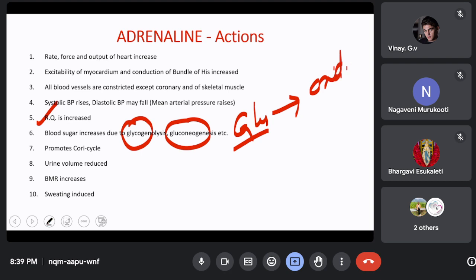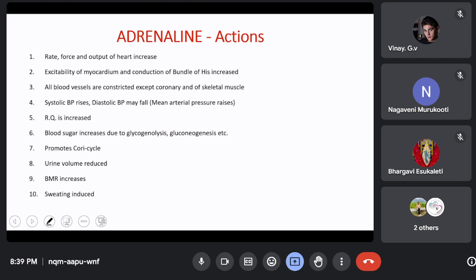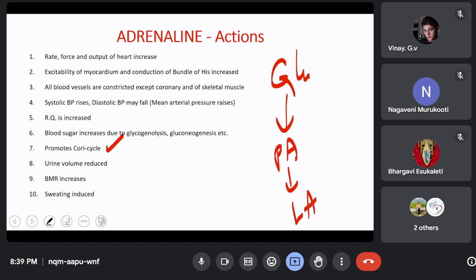And it also promotes Cori cycle, because in skeletal muscle, whenever the skeletal muscle continuously works, what happens? Glucose is broken down to pyruvic acid. If enough oxygen is not supplied to the muscles during exercise, pyruvic acid is converted to lactic acid. So now this lactic acid has again to be converted to glucose, which is said to be explained by a Nobel Award winner.